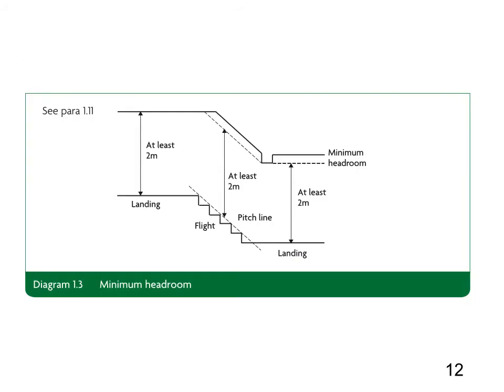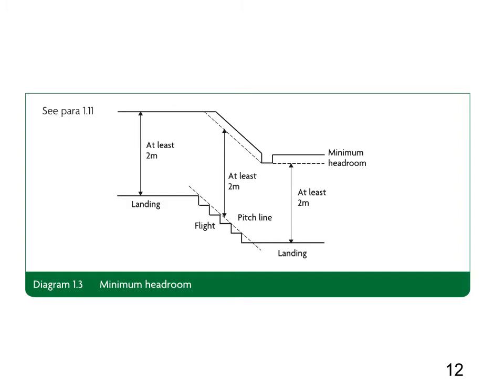There is a requirement for a clear space above each staircase, minimum headroom, as described here in diagram 1.3. It's a dimension which is derived from the line of the pitch of the staircase, the pitch line being the line that connects all the noses, that's the junction of a rise and a going, all the nosings of the staircase, generating that dotted line that you can see there.